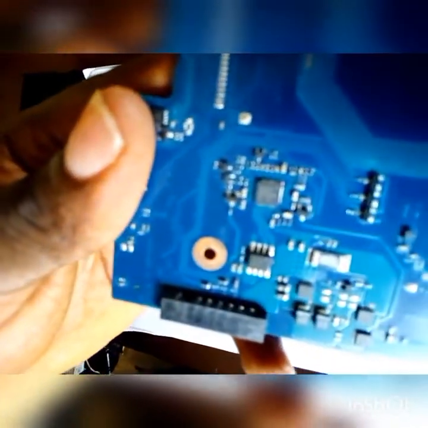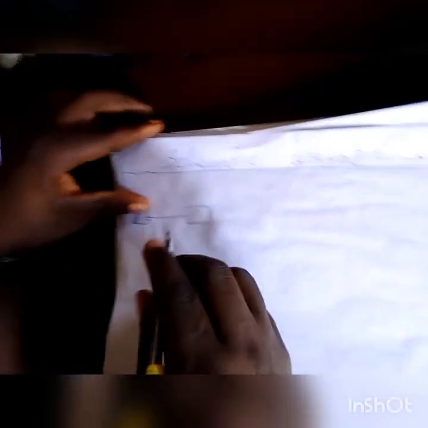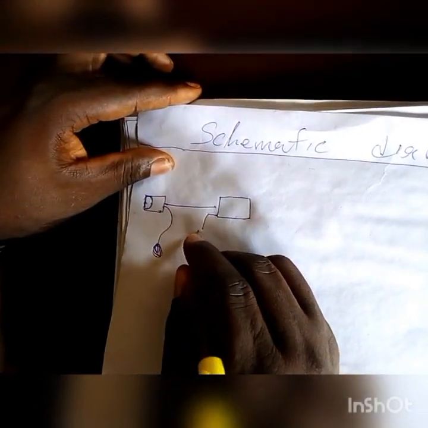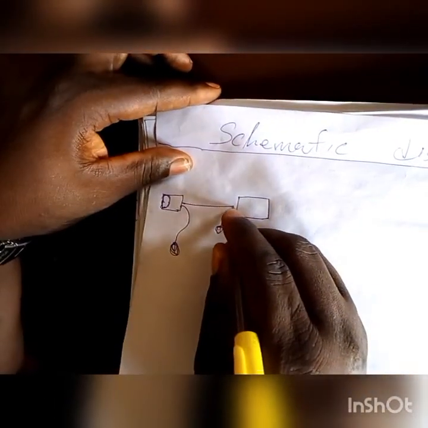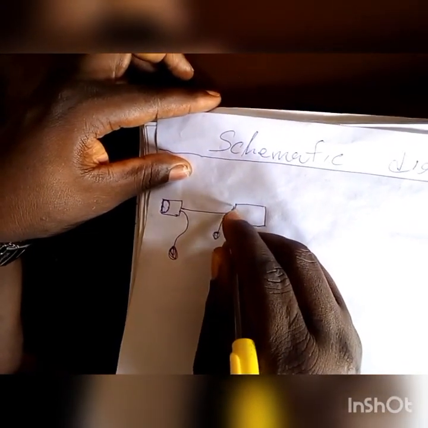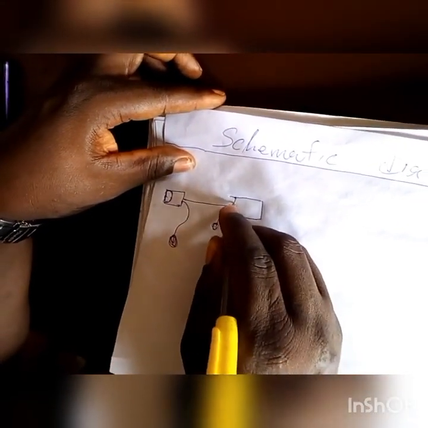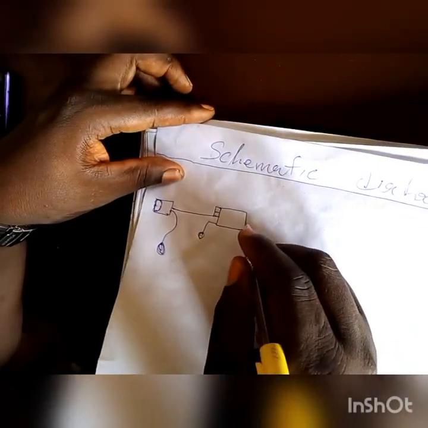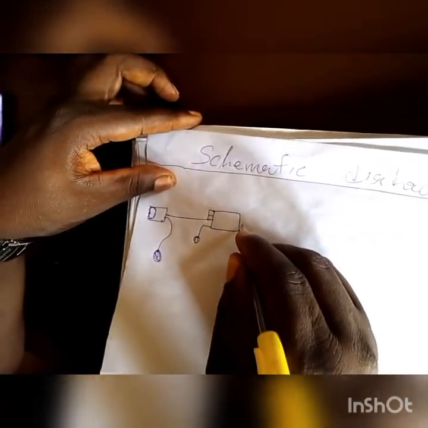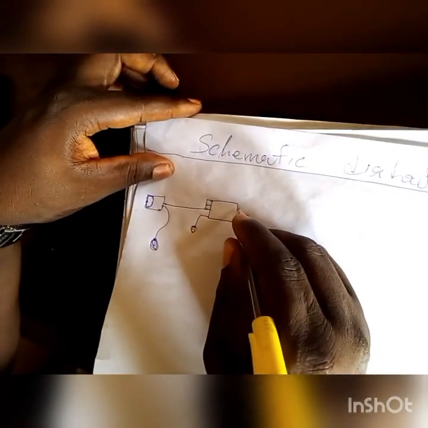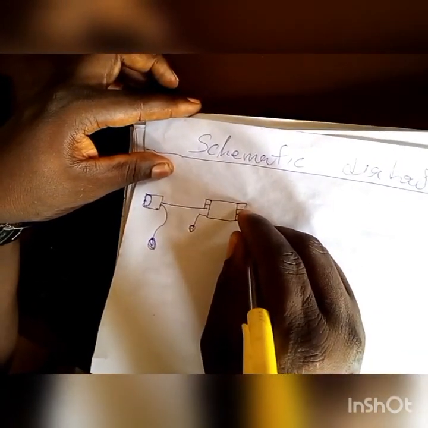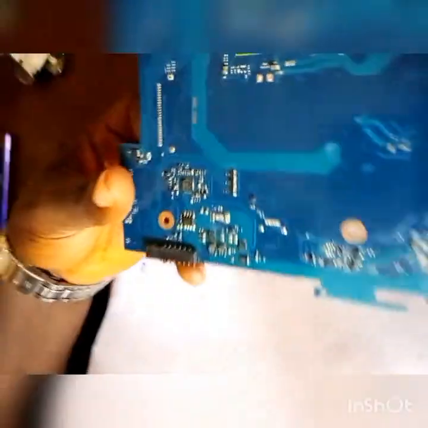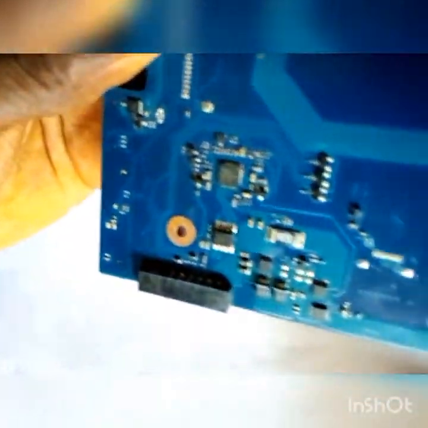So we are here now, China N MOSFET. Ground. Sorry to say ground, it is a gate. Ground. Then the second MOSFET is also China N MOSFET.